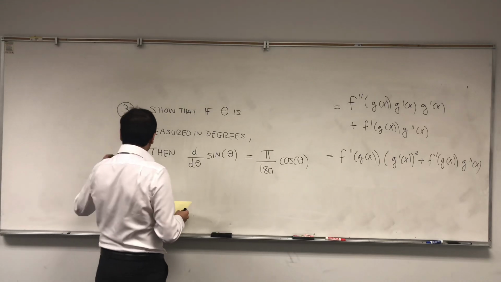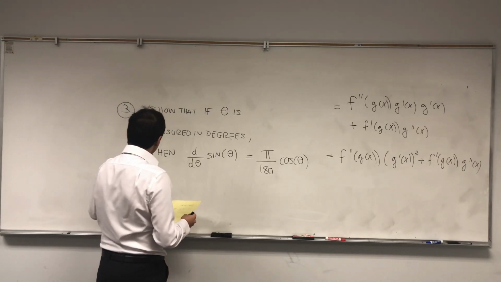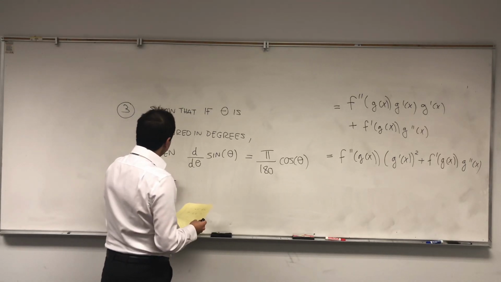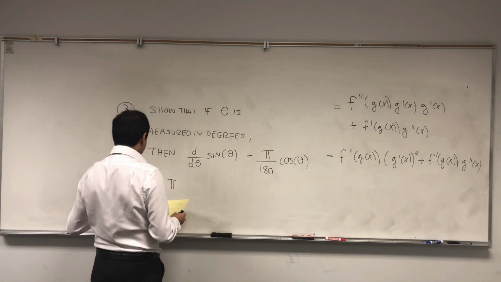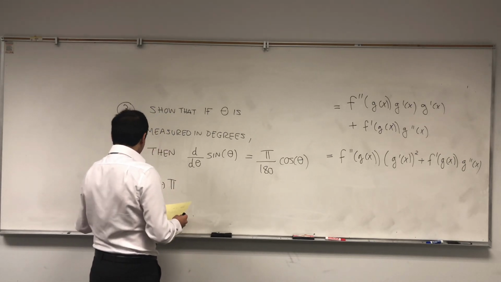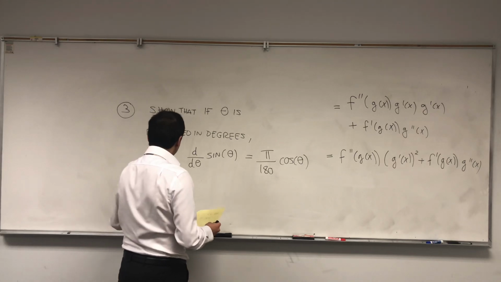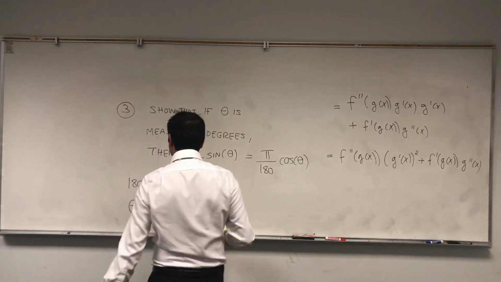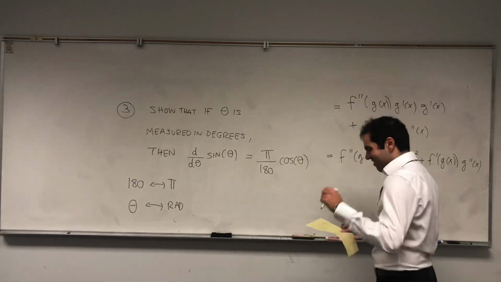So remember the equivalence between degrees and radians. 180 degrees is pi radians. So theta degrees becomes rad radians. So it's pretty rad, I would say.